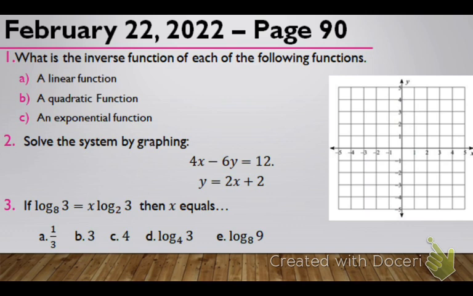What does it mean to be an inverse of something, of a function? What would we need to do? What does it mean to be an inverse? What was that? Switch? Switch what around? I like that.